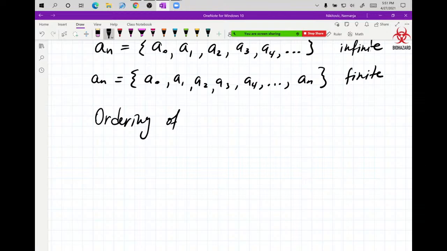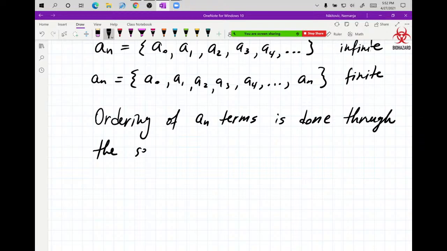Now, ordering of an terms is done through the set of natural, also known as counting, numbers.